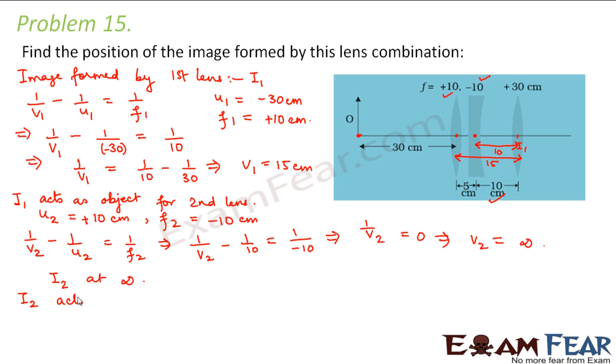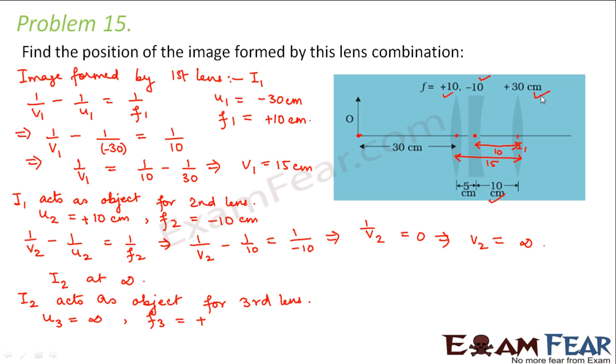This I2 acts as the object for the third lens. That means for the third lens, U3 is infinity, so the object is at infinity. And the focal length is given as 30 centimeters, so it is plus 30 centimeters. Again, the same thin lens formula, 1 by V3 minus 1 by U3 is equal to 1 by F3.